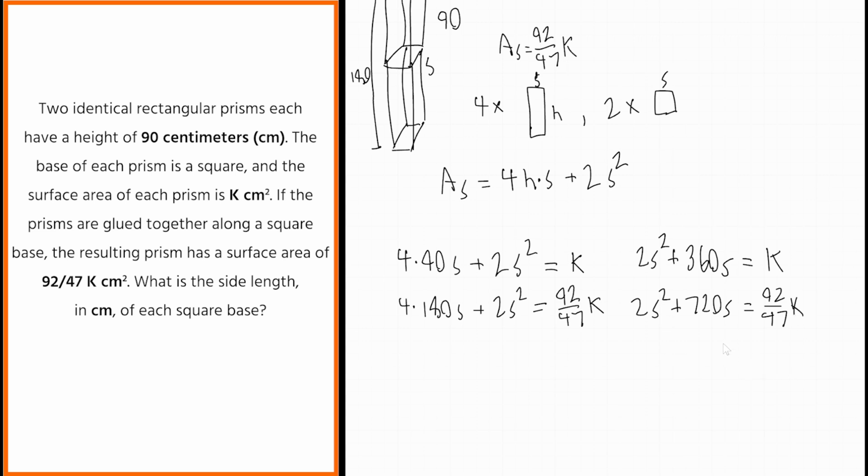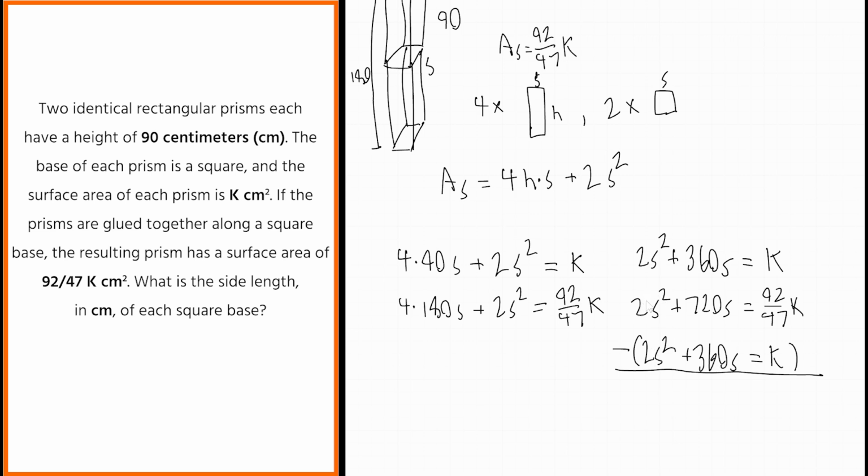So now we have two equations that have two variables. And as you might be able to see, this is a system of equations. Two equations, two variables, we can solve this. These systems of equations are a little complicated because they have both s terms and s squared terms, but we can subtract this top equation from this bottom equation and cancel out these s squared terms.